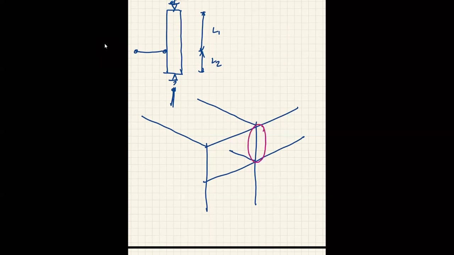So now you see the K, or the behavior of this column in this direction, in plane, in this plane, will be dictated by these two beams coming in, right?